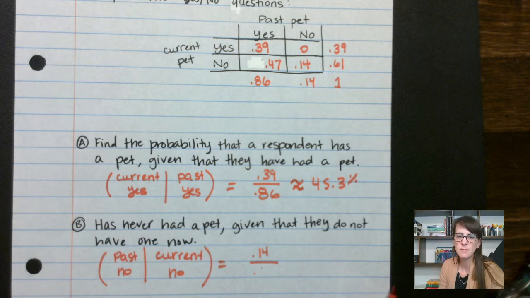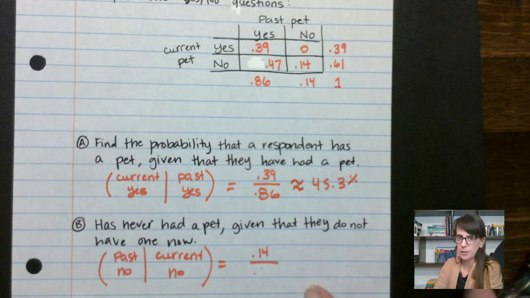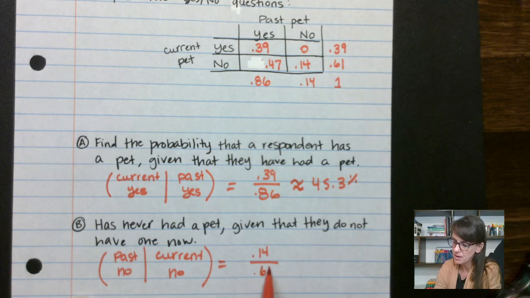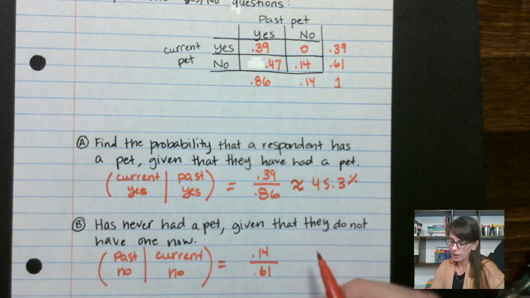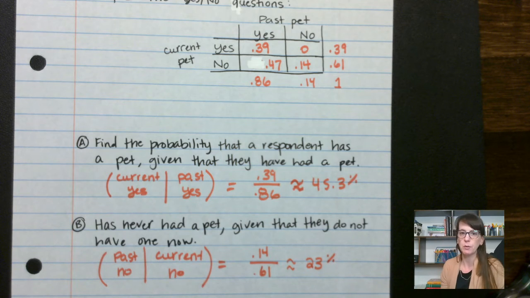Hold on. Okay. I just want to make sure I copy the problem down right. Current no. So current pet no is 61. All right. So if we do 0.14 divided by 0.61 here, we end up with approximately 23%, so roughly 23%.